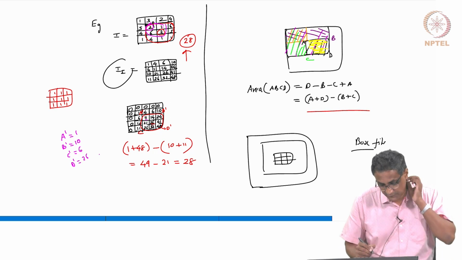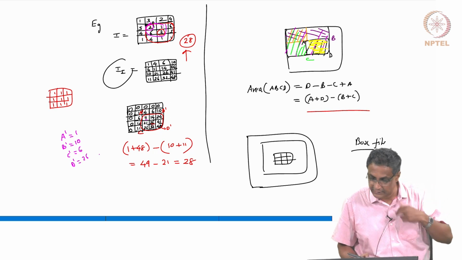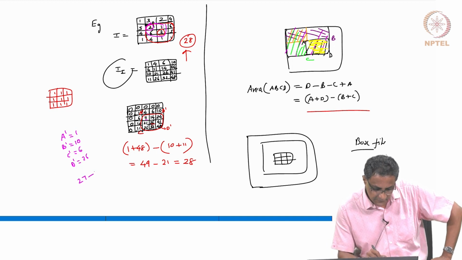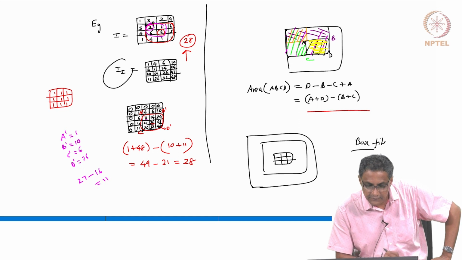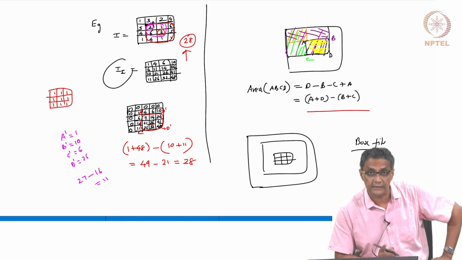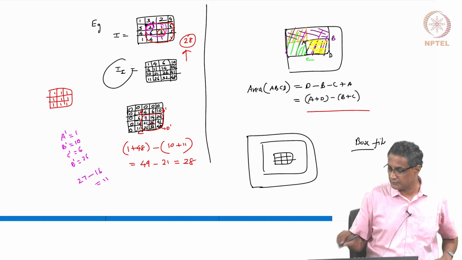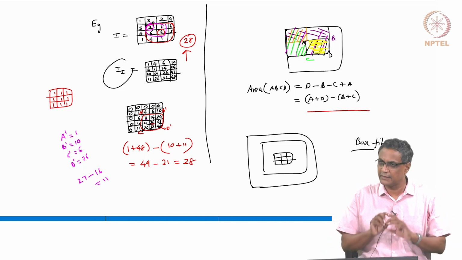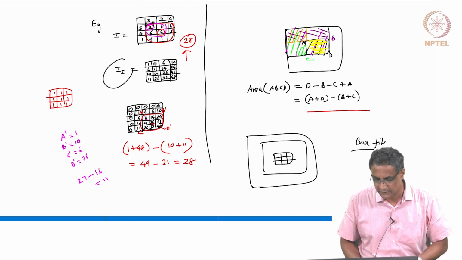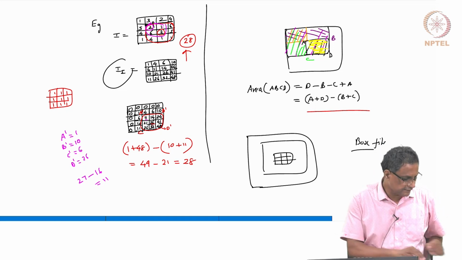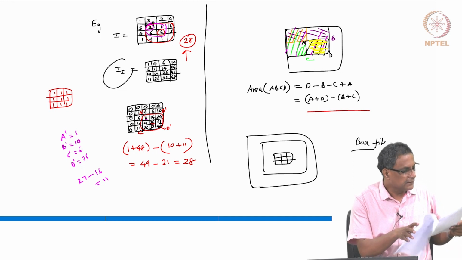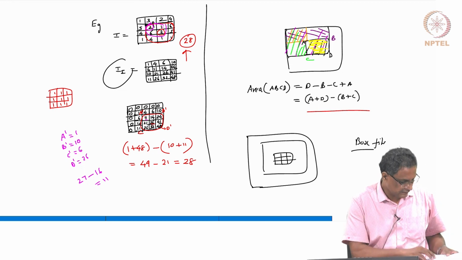So now A dash plus D dash is 27, minus B dash plus C dash, which is 16, and that is equal to 11. What should it be? 4 plus 7, 11. So as long as you follow the convention correctly, you can do any size filter, even one dimensional, anything will work. Now, once we know this, this is the power of the integral image. Now this by itself is not enough for us.